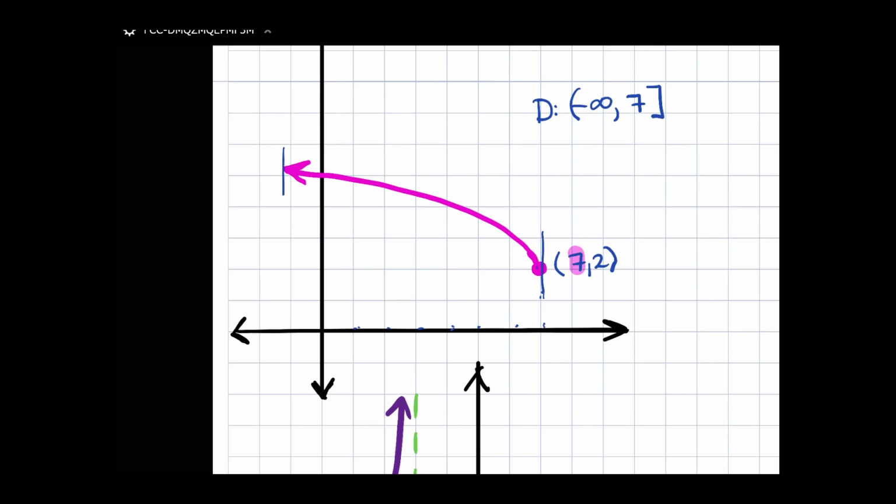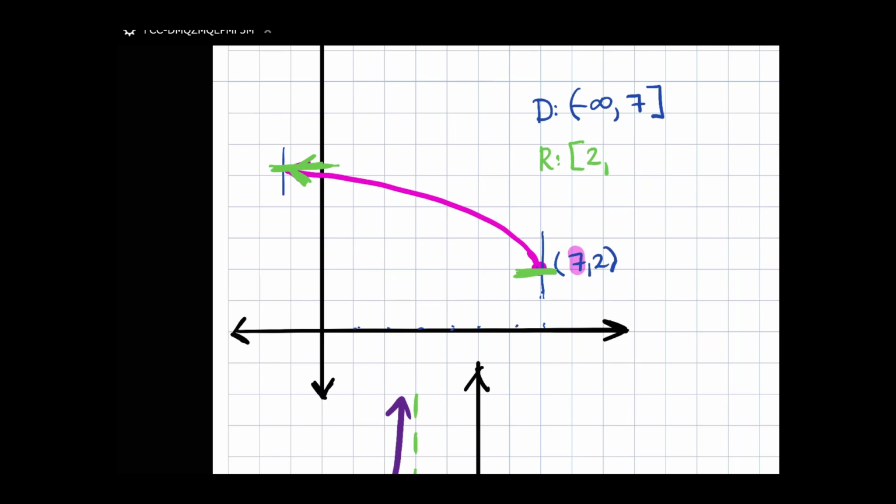When we're going the other way, for the range, we go from bottom to top. So the bottommost point has what y value, and the topmost point has what y value? For the range, the bottommost point is (7, 2), and that y is 2, inclusive. And then the topmost point happens to be an arrow.